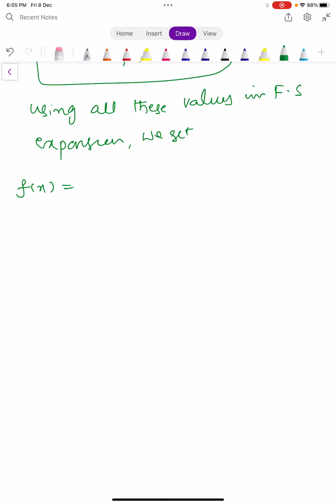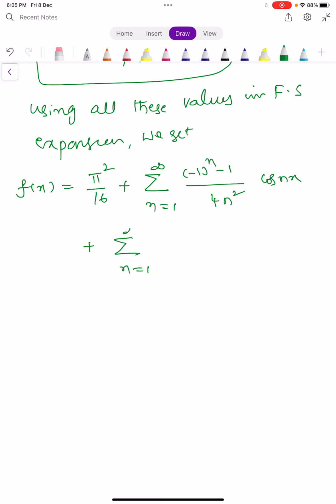We get a naught is pi square by 8, so you get pi square by 16, plus summation n equals 1 to infinity minus 1 power n minus 1 divided by 4n square into cos nx, plus summation n equals 1 to infinity minus 1 power n into minus pi divided by 4n into sin nx.